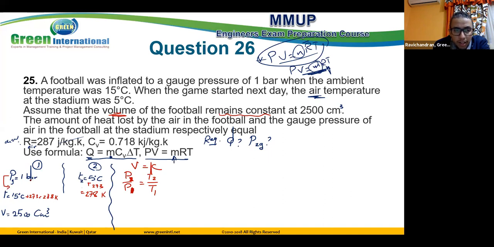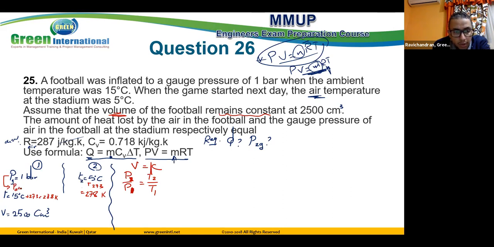But bar, okay? Yes, no problem, because this is a ratio, bar and bar. But I can't use it this way, for example in PV equals mRT, because the units should all be equivalent. Here it is okay because this one and this one form a ratio. You understand me? So this one should be changed to absolute. This is the only trick.